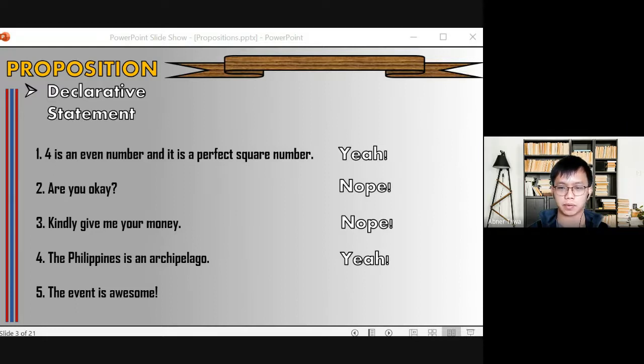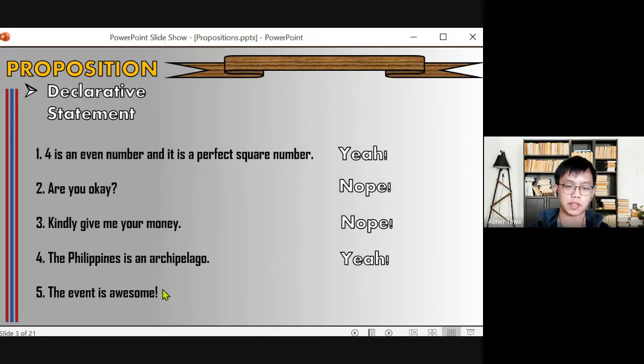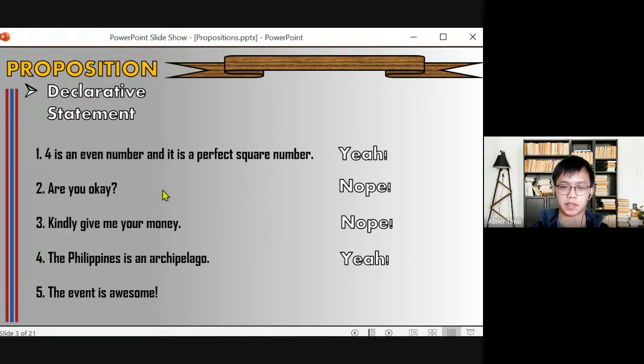Bakit no? Sir, because the sentence is not a declarative statement. What type of sentence is number 5? Pag hindi siya declarative, it is what sentence? Exclamatory sentence. So it is an exclamatory sentence.